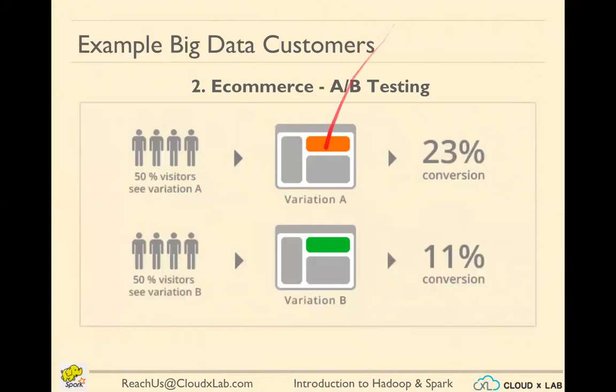So for example, let's say we had to choose whether to go for red color or green color. We will figure this out using A/B testing. What is A/B testing? A/B testing is A versus B. The term A/B testing comes from drug discovery.